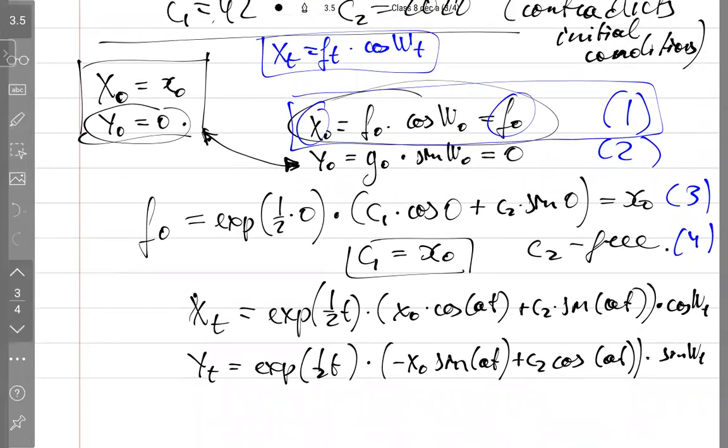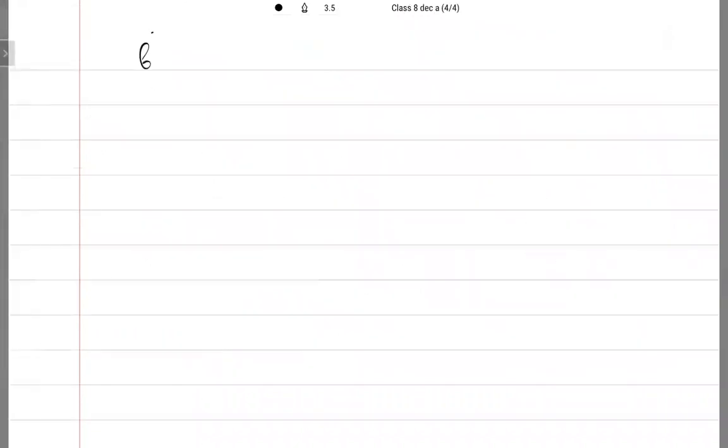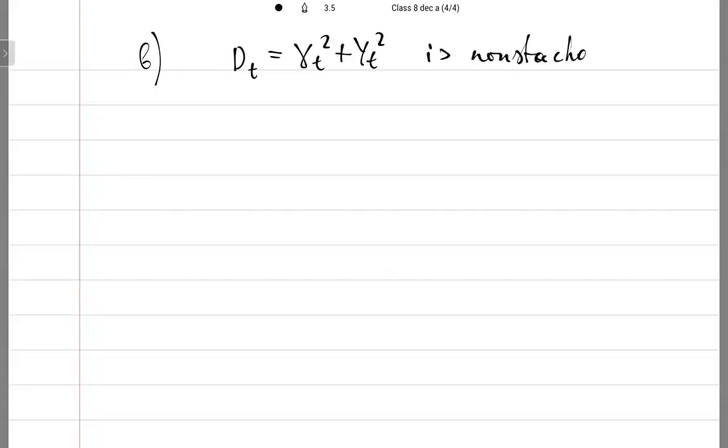And point B, we need to check that dt, which is equal to x squared over 2 plus y squared over 2, is non-stochastic. Basically, there are two approaches to do it. I may just use the answer. No, I may not use the answer because it's written for any solution.